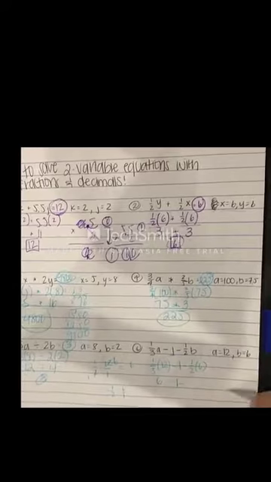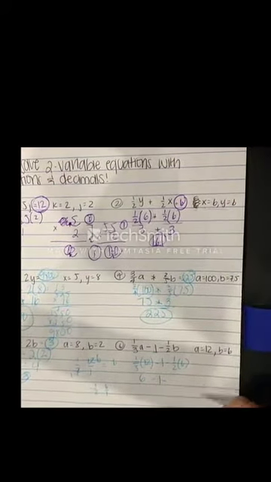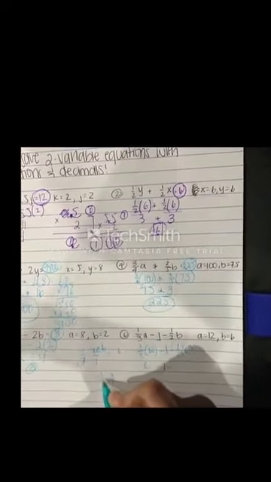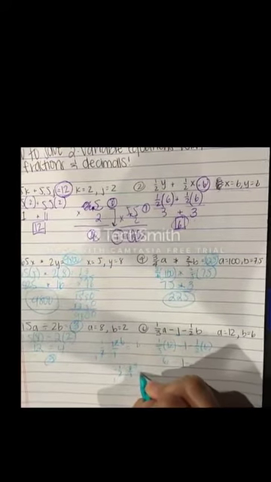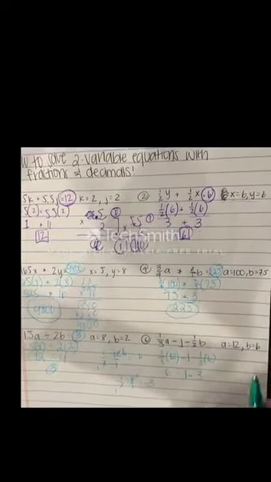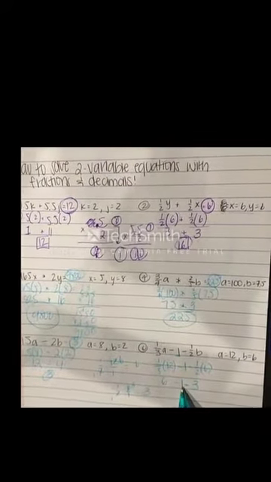Oh, and another point, whenever you have a whole number and it's not a fraction, it's always going to be over 1. So here you can take out a 2. 2 divided by 2 is 1. 6 divided by 2 is 3. So here I will get negative 3 as my answer.